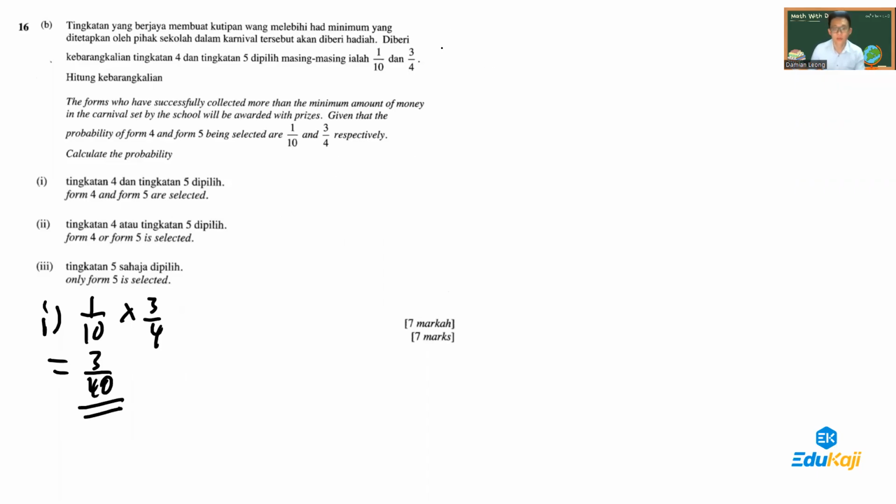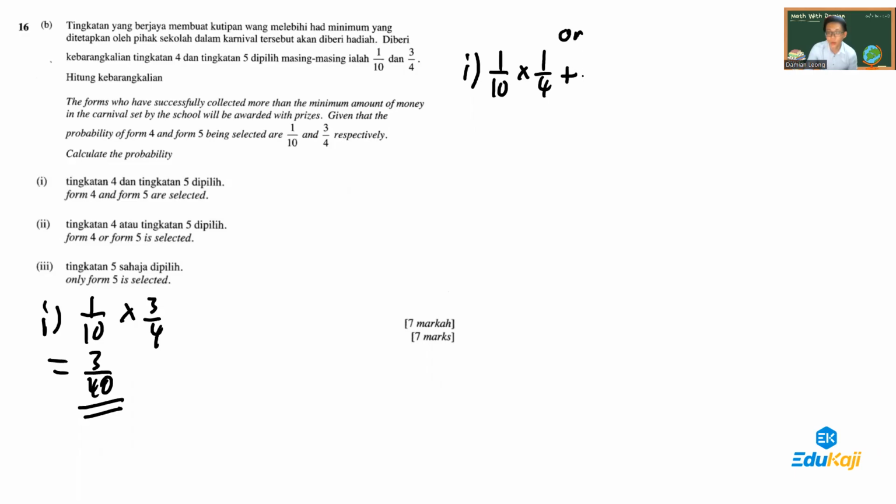Form 4 or Form 5 is selected. So that means it can be Form 4 selected, Form 5 not. Form 5 selected, Form 4 not. Or both selected. So you can calculate either way. Take 1 over 10 times Form 4 selected, Form 5 not selected means 1 over 4.